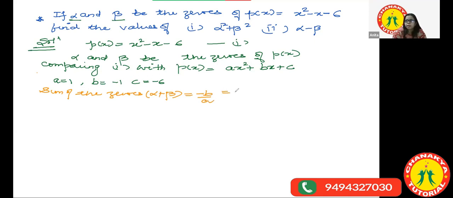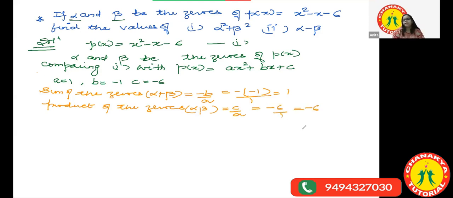The value of b is minus 1, and a minus sign is already there, so minus minus 1, and the value of a is 1 only. Minus minus is plus, so the sum of the zeros, alpha plus beta, is 1. Then in the next step, the product of the zeros, alpha into beta, is equal to c by a. The value of c is minus 6 and the value of a is 1, so the product of the zeros will be minus 6.